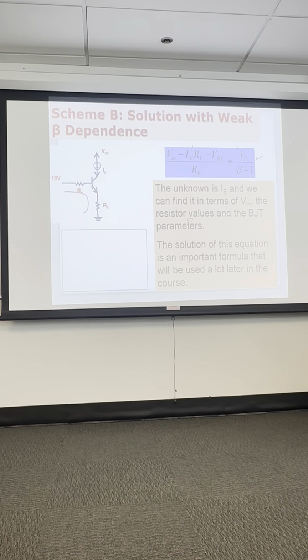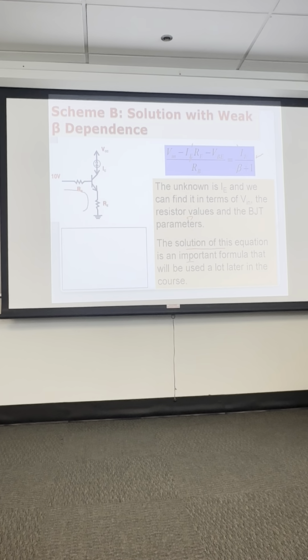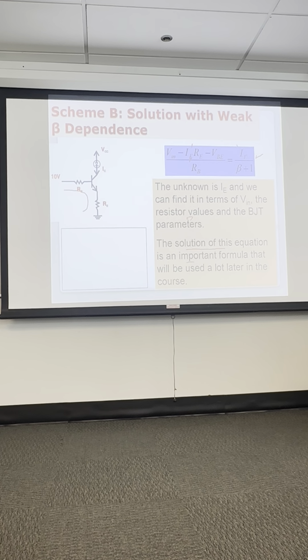The lower part here, the note is the solution of this equation is an important formula that will be used a lot later in the course. So it's basically indicating solving the formula for I sub E is an important part of the analysis.